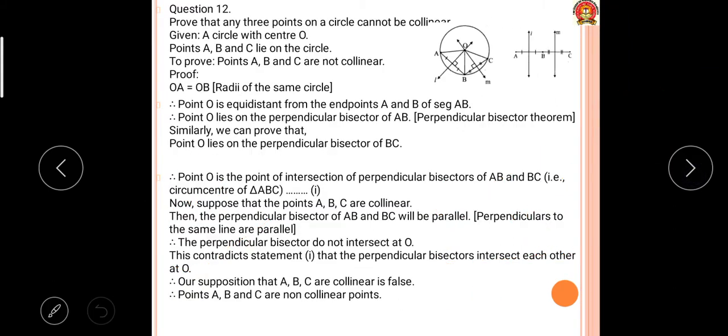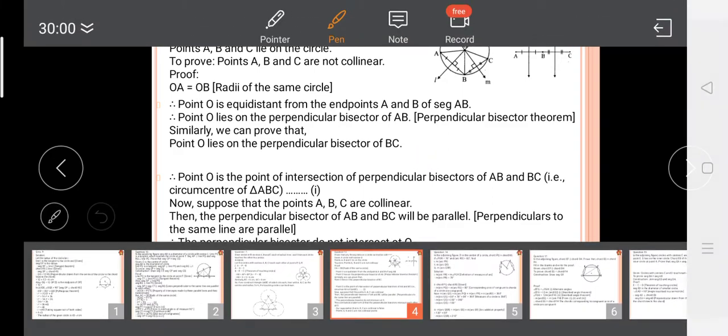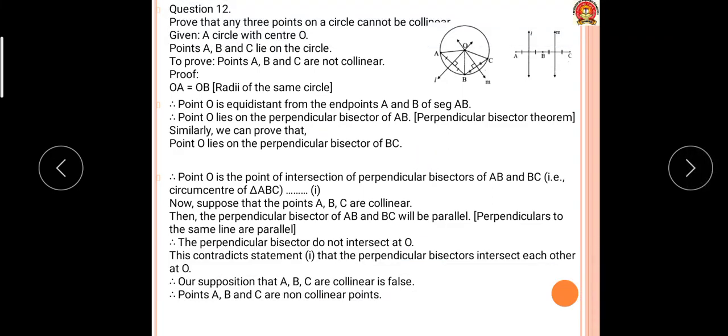Now next question, that is question number 12. Now see, prove that any 3 points on a circle cannot be collinear. We have to just prove. Now see, a circle with center O. Points A, B, C lie on the circle.